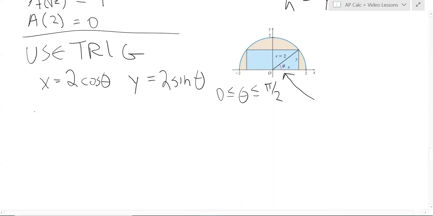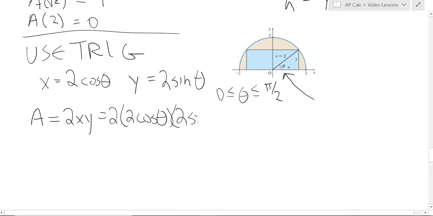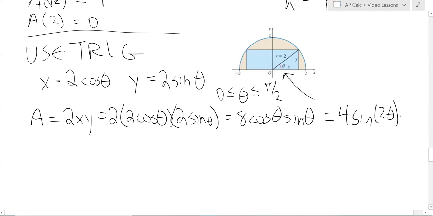All right, then the area of the rectangle is equal to 2xy, which is 2 times 2 cosine theta times 2 sine theta, which is going to be 8 cosine theta sine theta, which by the double angle formula is equal to 4 sine 2 theta. Okay. Since the area is a differentiable function of theta, we can take the derivative and find the critical number.